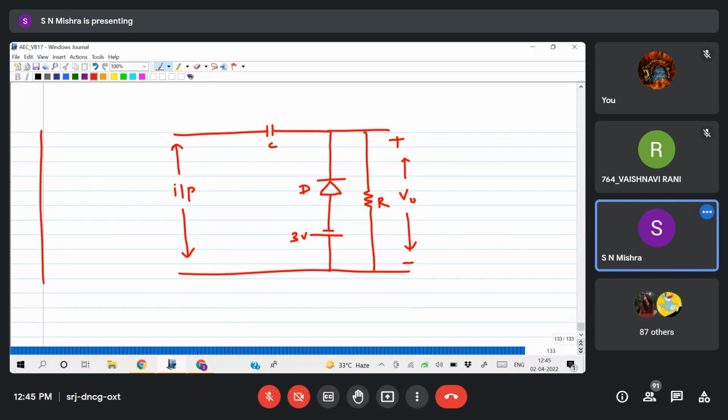Input, you take minus 10 volt, plus 10 volt.